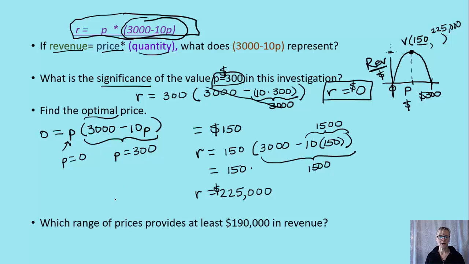Which range of prices provides at least $190,000 in revenue? Okay, so somewhere between $0 of revenue and $225,000 of revenue is $190,000 in revenue. Remember, it's somewhere on this axis.